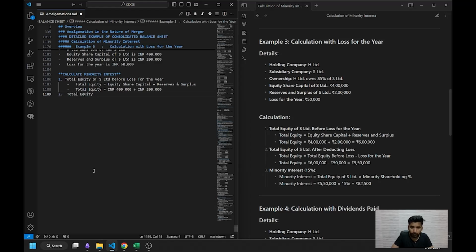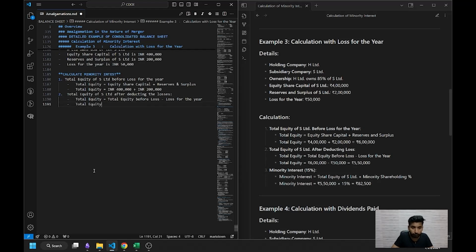Then the total equity of S Limited after deducting the losses, which will be the total equity before loss minus loss for the year.